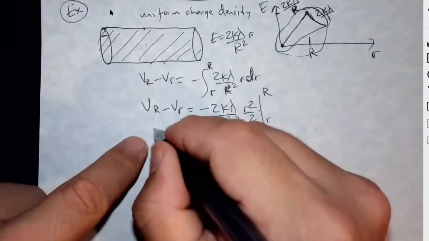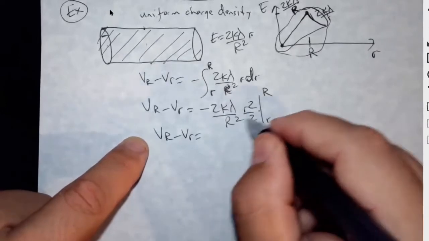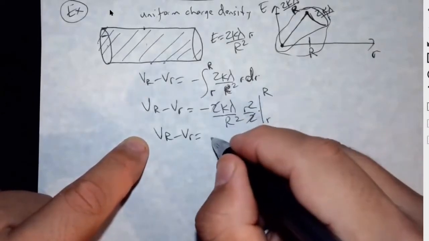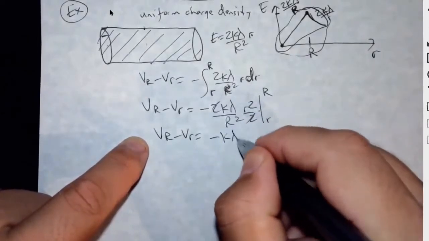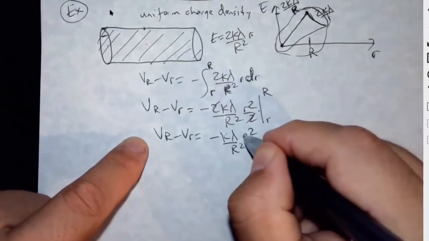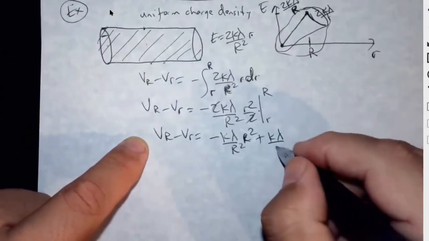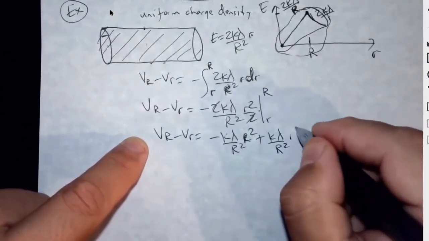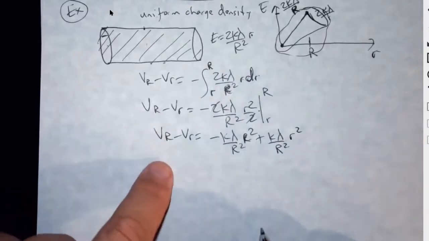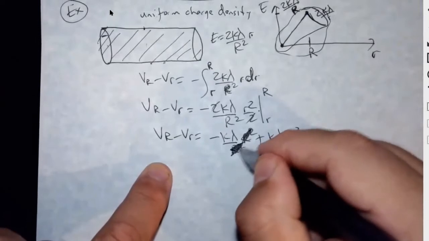Then V sub R minus V sub r. So the 2's cancel. Negative k lambda over R squared, and you put here big R squared, plus k lambda over R squared, little r squared. Oh, and then this cancels this.